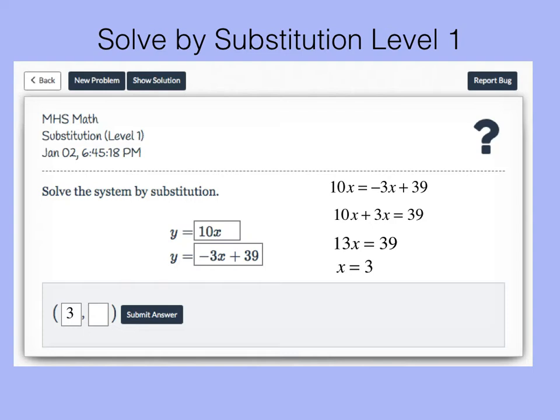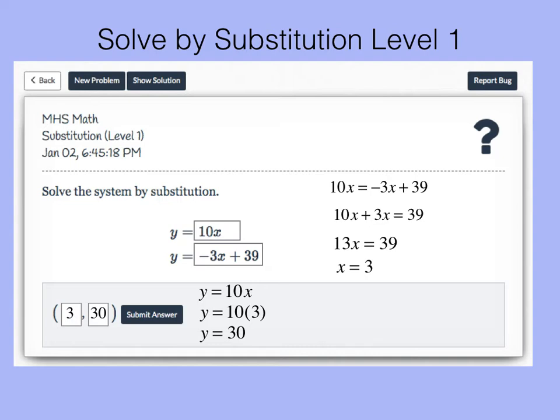I'll pick the easier equation, y equals 10x. So we'll substitute x for 3. And we know that the y value of the solution is now 30. And so the solution that I would type into the DeltaMath box would be 3, 30. I would submit that answer, and that would be correct.